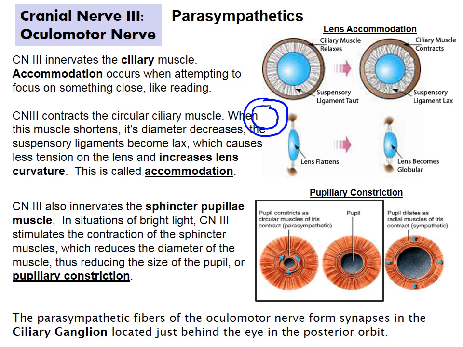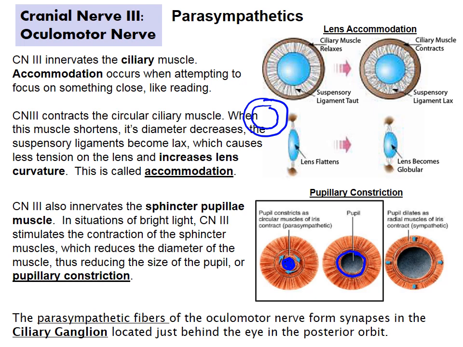Well, the sphincter pupillary muscle is the same way. It's quite large when it's relaxed, and when it contracts, the diameter and the circumference of that circle or of that muscle gets smaller, thus constricting the pupil.